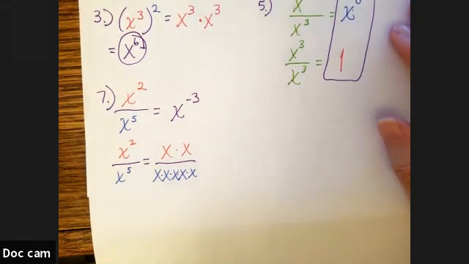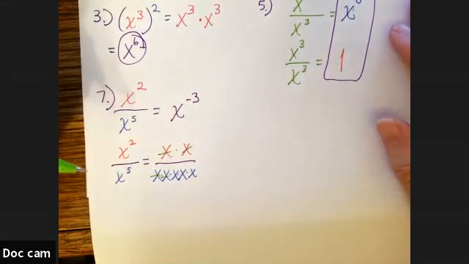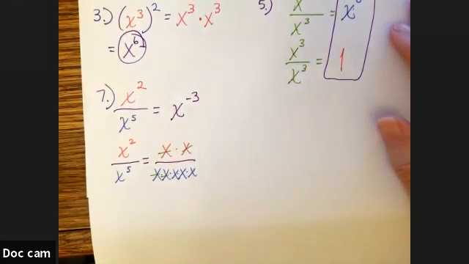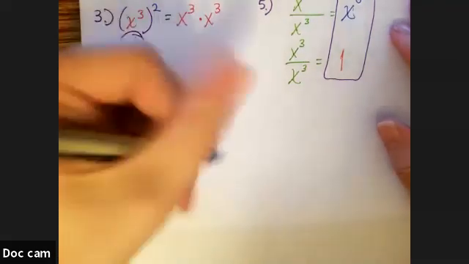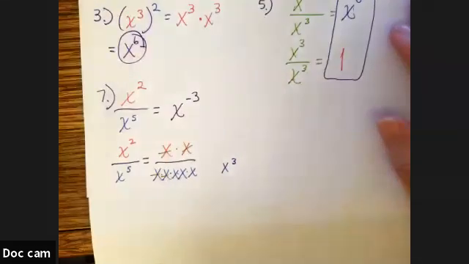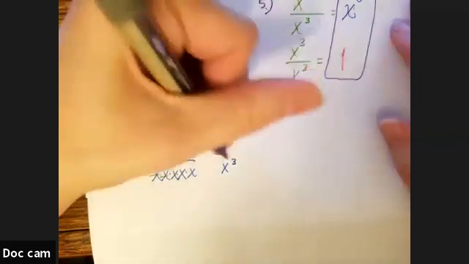Then we could basically cancel those out. So in this case, we have x times x times x on the denominator. That's x to the third power on the denominator.